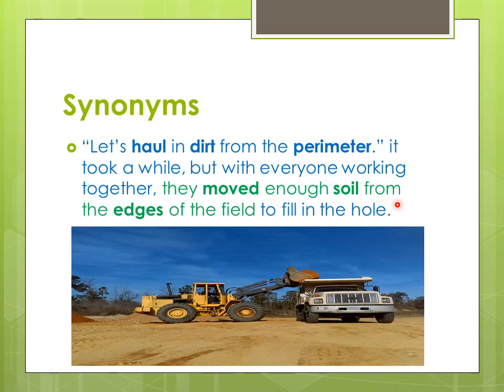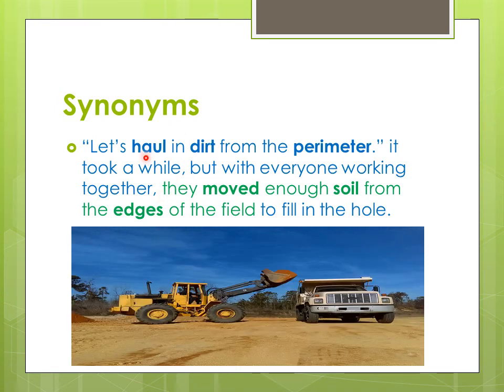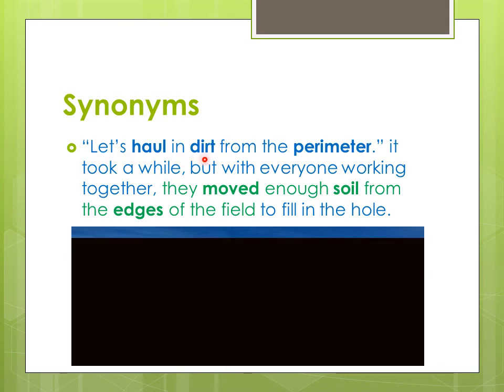So a clever reader would know that this statement, this group of words, is restating, or talking again about, what the writer said: let's haul in dirt from the perimeter.